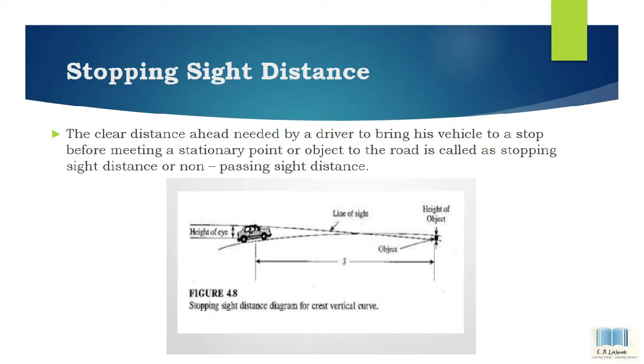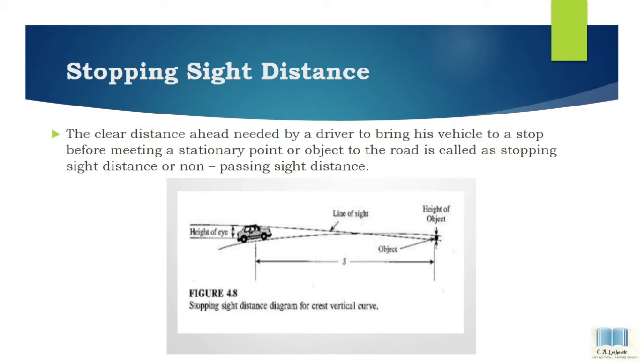That is, this is the distance required when the vehicle is going to stop. When the vehicle has to stop, the sight distance required for stopping is also called stopping sight distance.